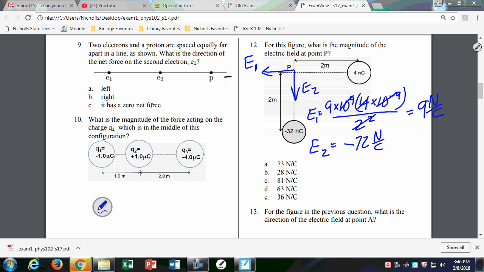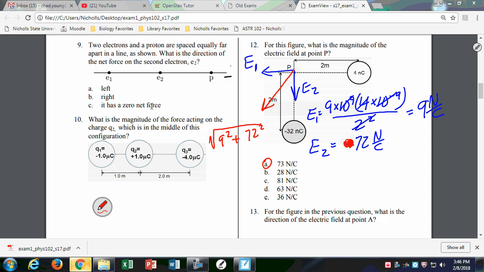And then to find the magnitude, I want to know this vector right here. I do the square root of 9 squared plus 72 squared. I just leave off the negative there because you don't even need a negative there at all. 9 squared plus 72 squared, that must be 73 newtons per coulomb.